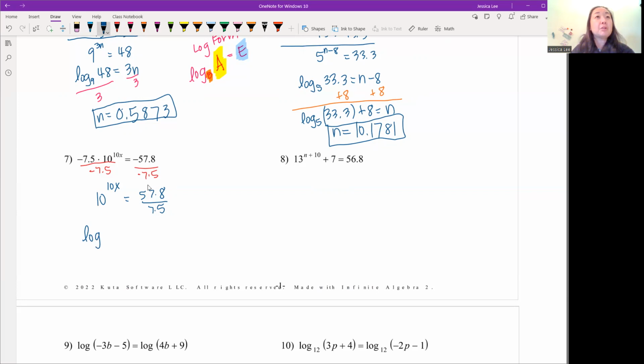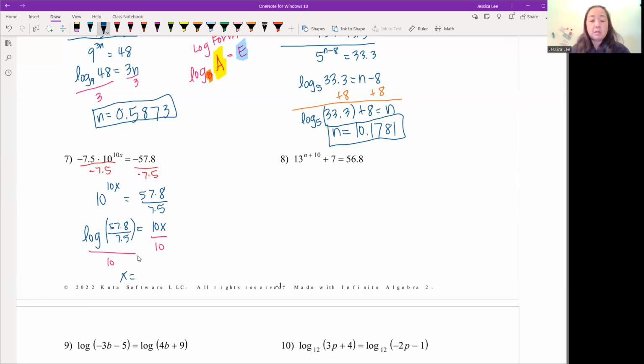So log base 10 of this argument, all this guy right here, is equal to the exponent, just 10x. All right. And then from here, what do we do? Just divide the whole log by 10. All right. And then you're going to get x is equal to, well, we'll find out.